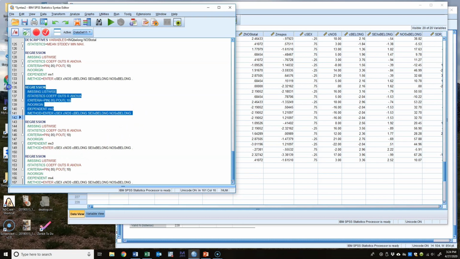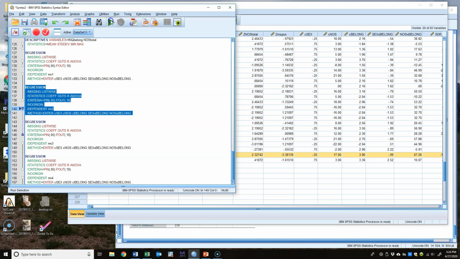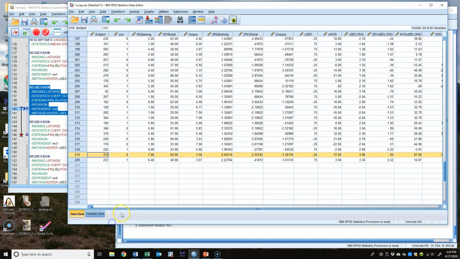With MV2 as my outcome variable, at least in the way we're hijacking regression for this, it's going to tell me why 333 is coming up as weird. If I run this, I see that this case is being identified as strange basically because the interaction of NOS and belonging is what's causing 333 to register as a multivariate outlier.